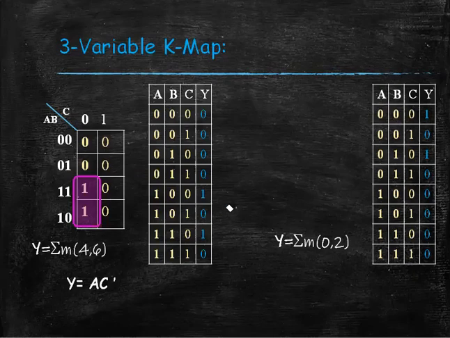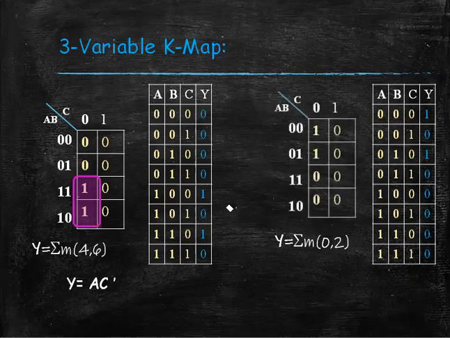Then we go to the Karnaugh map. Look at these two ones, here this is for 0 0 0 and this is for 0 1 0.